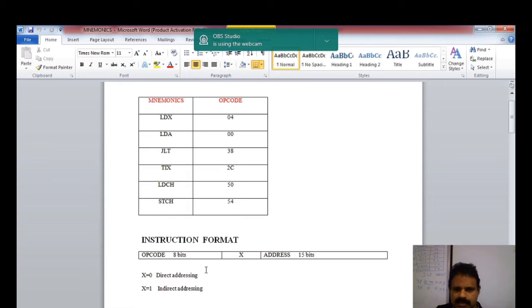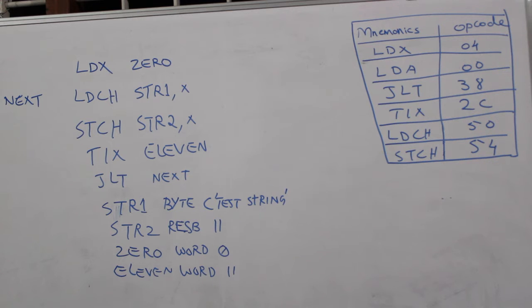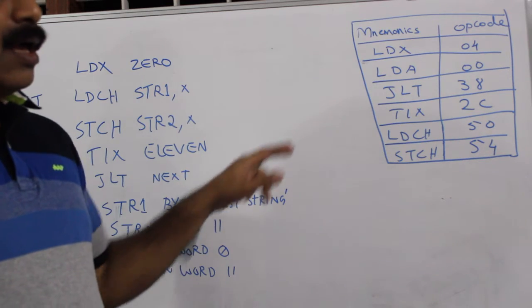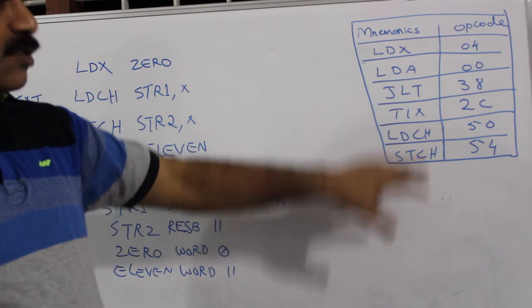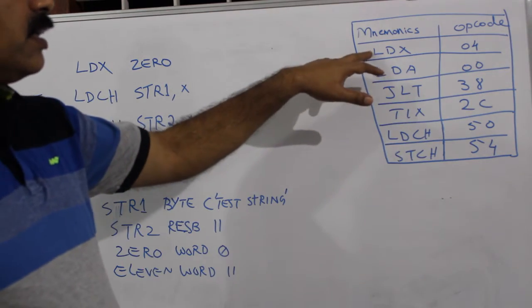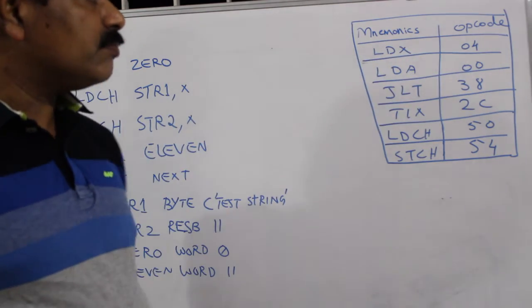Okay, let us check an assembly language program. This is our SIC program, and this is a list of mnemonics and the opcodes. See, LDX, its opcode is 04.